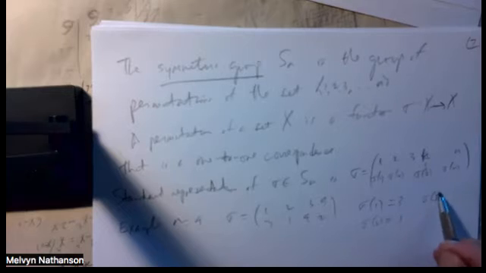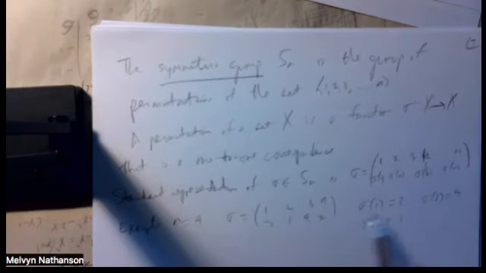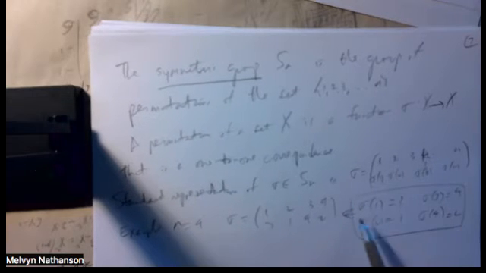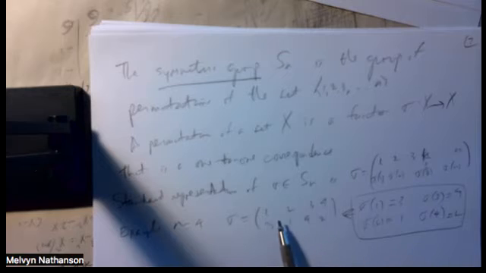Sigma of 2 is equal to 1. Sigma of 3 is equal to 4. Sigma of 4 is equal to 2. So this is the one-to-one and onto function from the set 1, 2, 3, 4 to itself, defined this way.